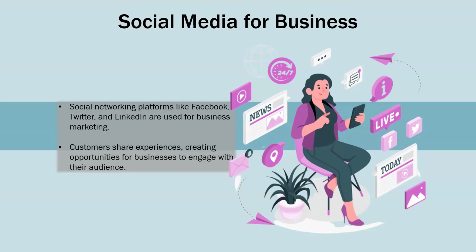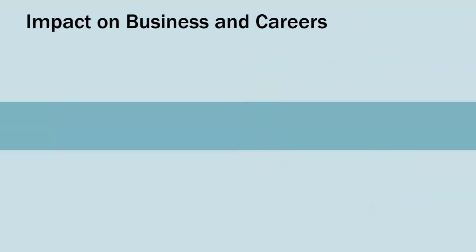Funny stuff. So most of the time, social networking platforms like Facebook, Twitter, LinkedIn are used for business marketing. Customers share experiences, and they create opportunities for businesses to engage with their audience.